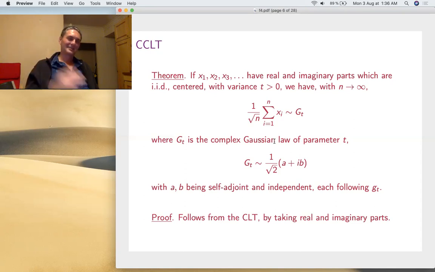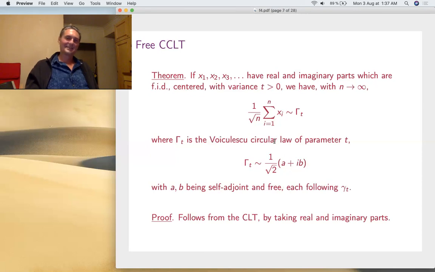If you get into advanced stuff, this limiting measure is very interesting. It's the same in the free situation: the circular law has many interesting properties, which are more technical. We'll be back to this in a few minutes. But for the moment, from the abstract point of view, that's the result. No need to develop anything new.